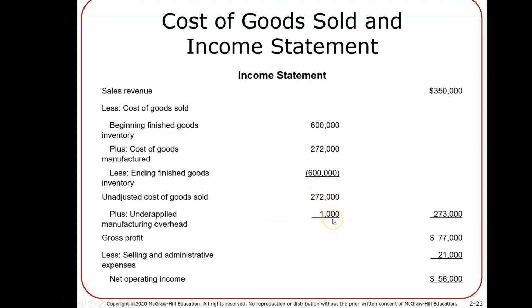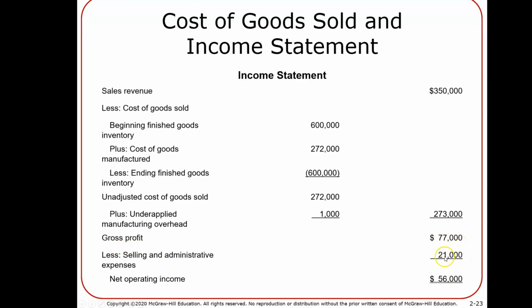Then we add that under applied. Remember, we added $1,000 to cost of goods sold, and we come up with a total cost of goods sold of 273. We had some selling and administrative expenses. Well, hold on, let me not skip this step. So our sales revenue less our cost of goods sold gives us a gross profit. It's important to understand that term, gross profit.